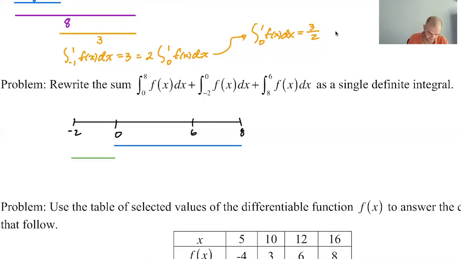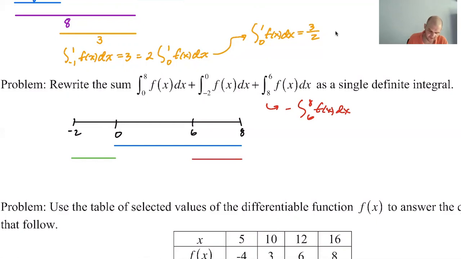So far so good. And then we're adding from 8 to 6, but actually we want to subtract from 6 to 8. Like this is minus the integral from 6 to 8, f of x dx. So 6 to 8 would be here.